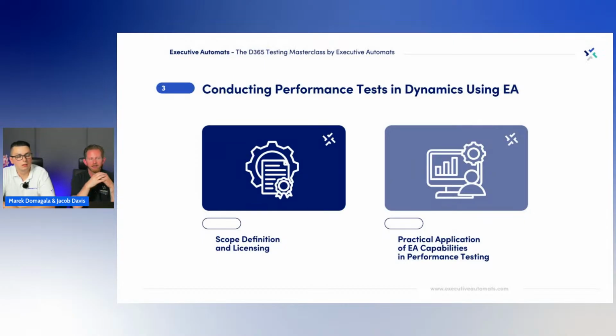And like you said, we generally use that in conjunction with our performance monitoring tool as well. So Executive Automats' test automation allows you to scale up and really stress the system, and then a performance monitoring tool allows you to see exactly what that stress is doing to your system, even in very specific areas.